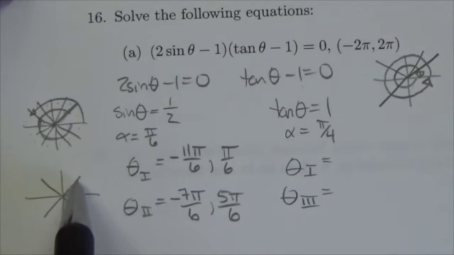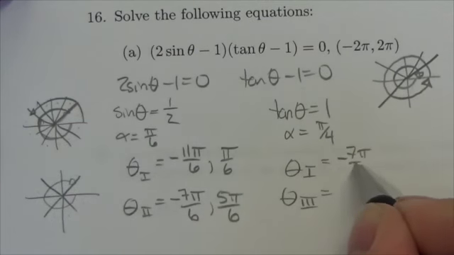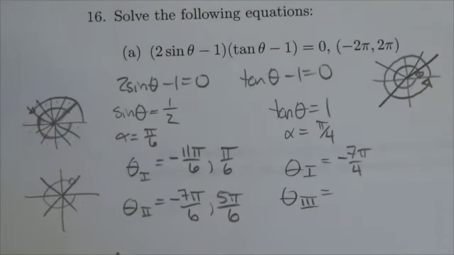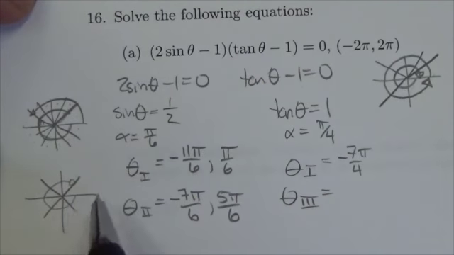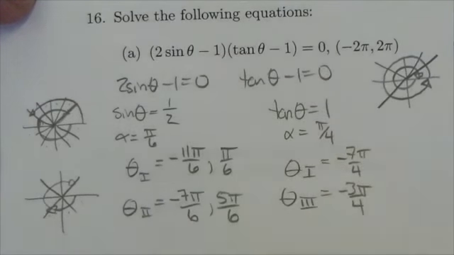To get to this in the negative rotation, I'm coming all the way around to here. That's 1, 2, 3, 4, 5, 6, 7. Negative 7 pi over 4s to get out to that terminal arm. If I want to do it in the third quadrant, that would just be follow this over here out to here, 1, 2, 3, just negative 3 pi over 4s.